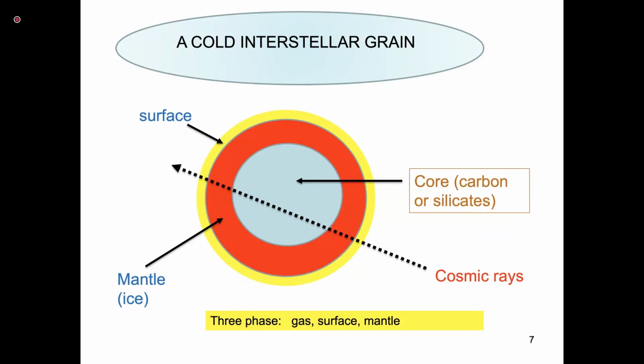And of course, the grain is in a gas. And so we have to count the external gas as well. Finally, in this picture, you see what are called cosmic rays. These are high energy protons for millions of electron volts, and they can go right through easily the whole dust particle, and indeed cause chemistry to happen in the dust, as we will see later.